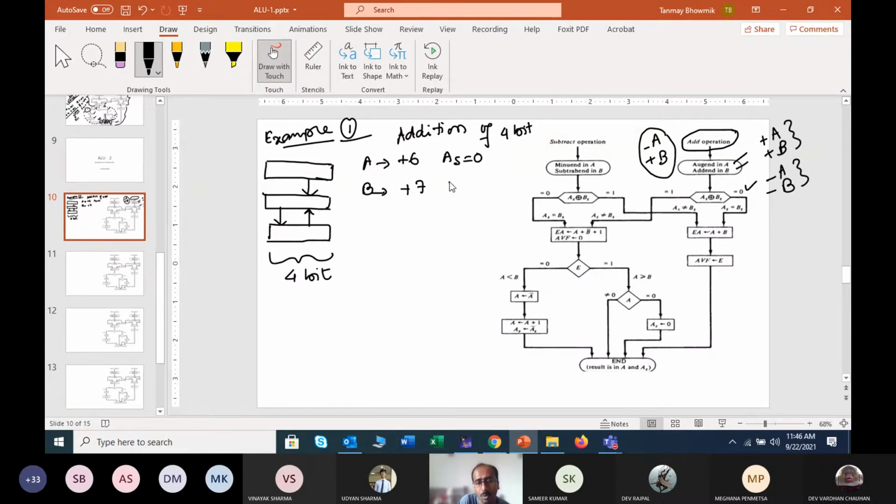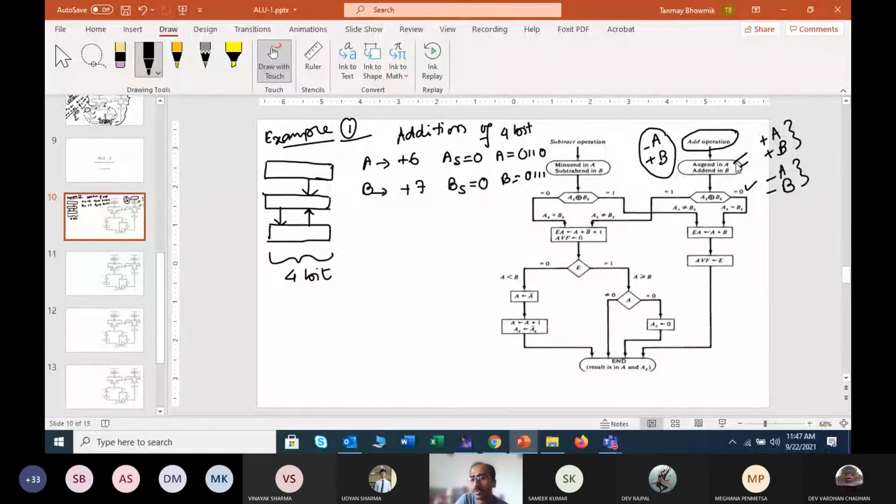Obviously 0. What should be your BS in that case? Obviously 0. Any confusion? I hope no. So what will you write in case of A? A will be 0, 1, 1, 0, and B will be 0, 1, 1, 1. Is it fine? I hope so.